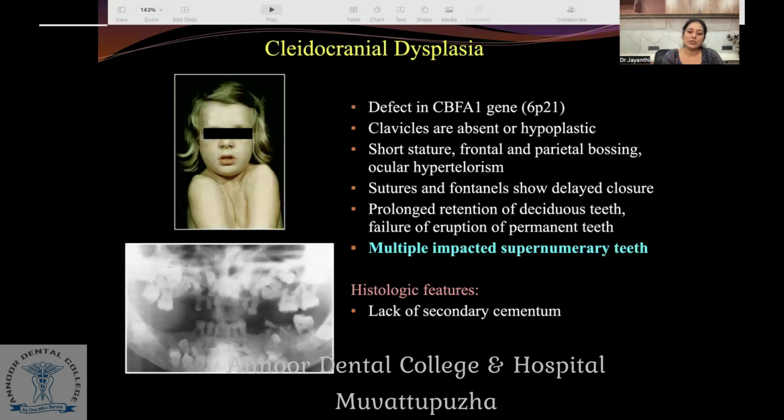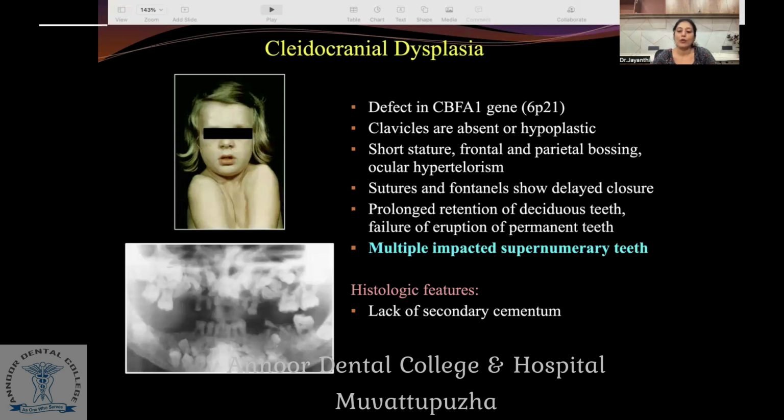So when the researchers went back and checked the reason why the teeth are impacted, or why there is a delay in the eruption of permanent teeth, they found out that histologically, the teeth in these patients lack cementum, especially the secondary cementum. And if you all remember from first year oral histology, there are some theories of tooth eruption.